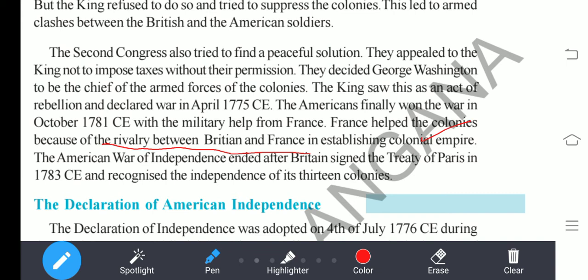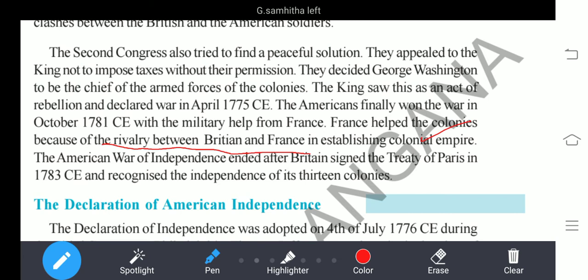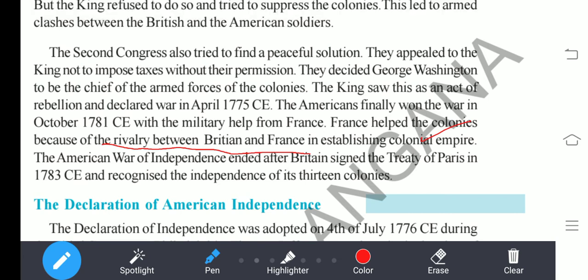Understand? So it is the enmity between Britain and France in establishing the colonial empire. Britain was defeated. America got independence in 1781. The war ended in 1783. My dear students, see that the war started in 1775.